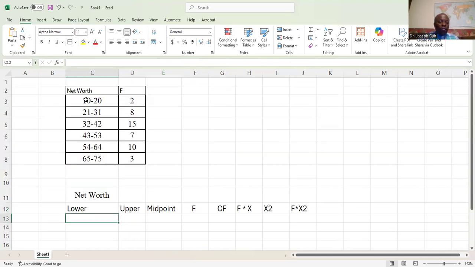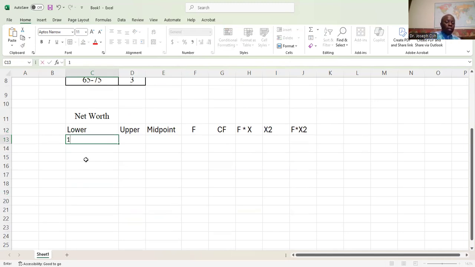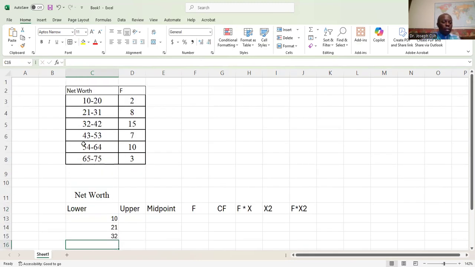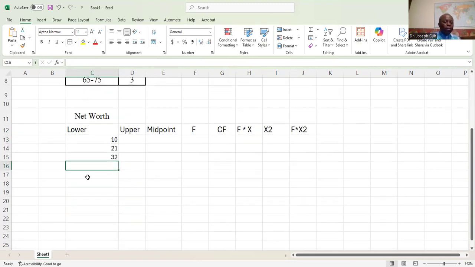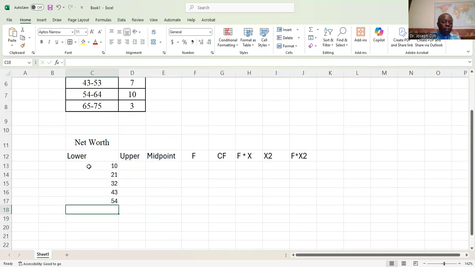For the lower side, we have 10, 21, 32, 43, 54, and then 65.